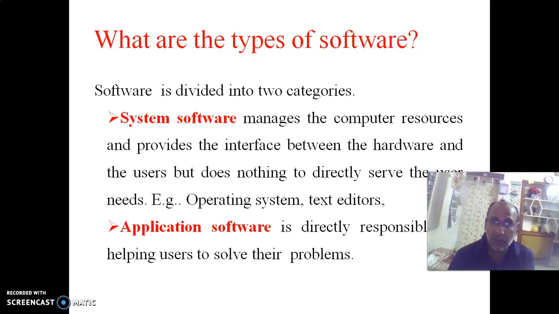The examples are operating system, text editors, and so on. Next one is application software, which is directly responsible for helping the user to solve their problems.